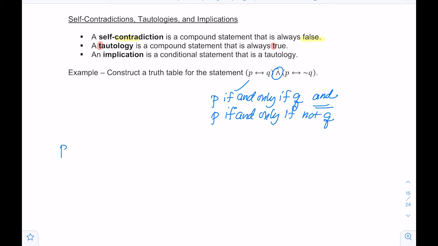So to construct a truth table, we have P and Q, so we know that that's going to be true, true, true, false, false, true, false, false. I have a not Q, so I'm going to take Q and negate it.